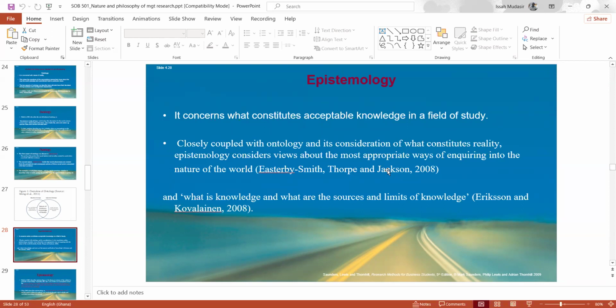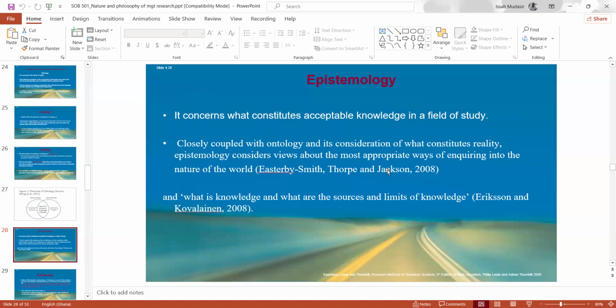So where does knowledge come from? What are the sources of knowledge? Okay, that is at the heart of epistemology. Now, ontology gave us our picture of what reality is about, whether it is objectivist or subjectivist.